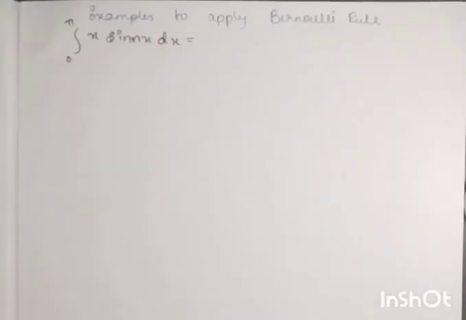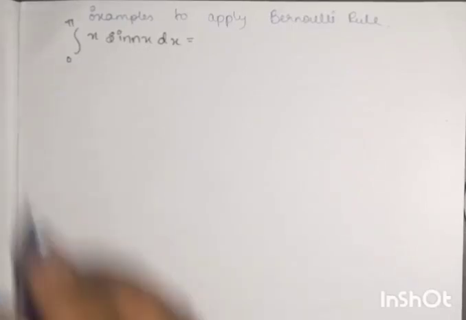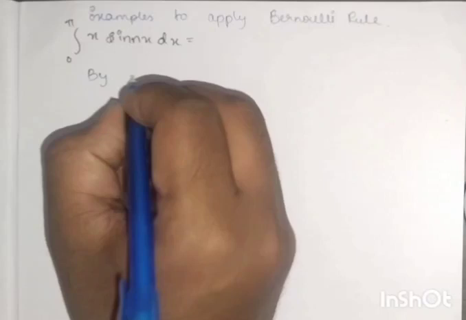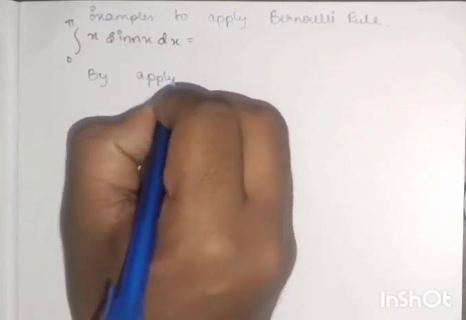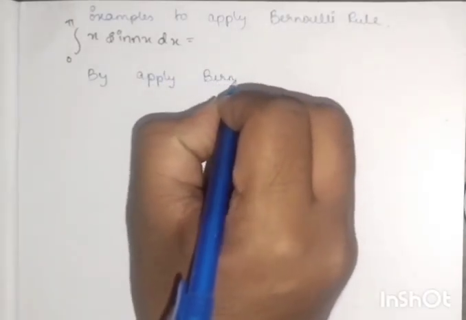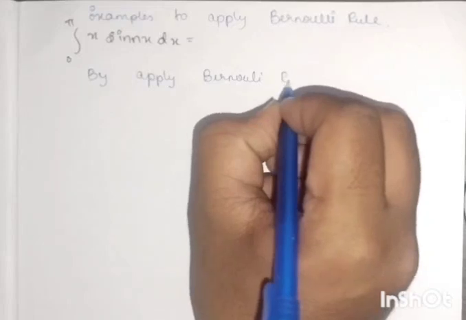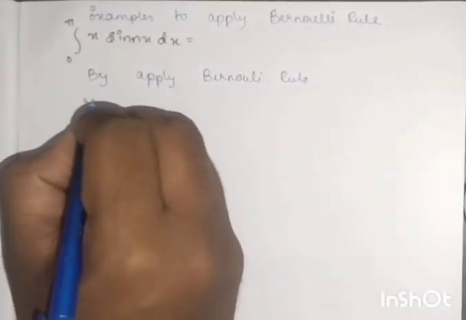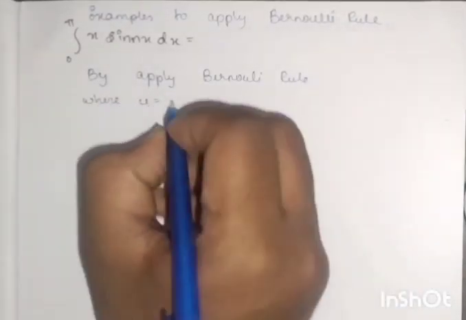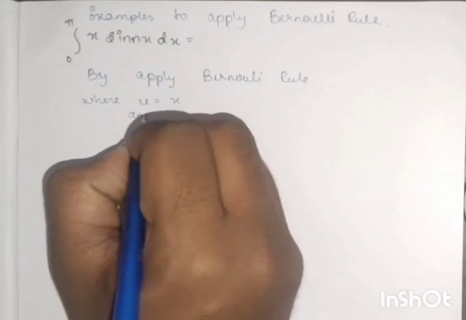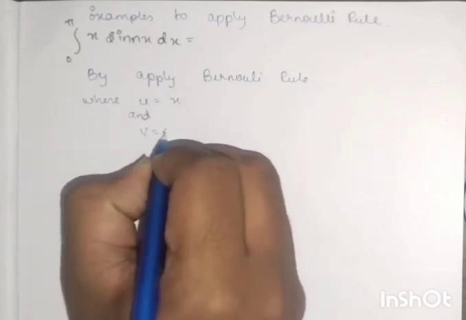So here is an example to solve using Bernoulli rule. The example is the integration of x sin nx dx, where the limits are 0 to pi. Let us solve it by applying Bernoulli's rule, where u is x and v is sin nx.